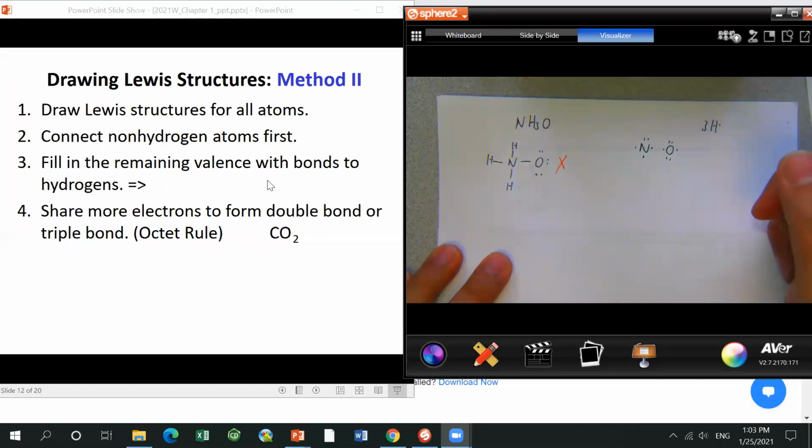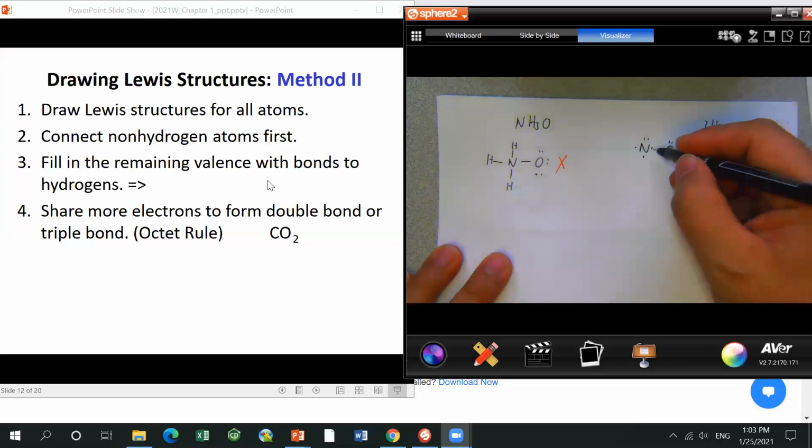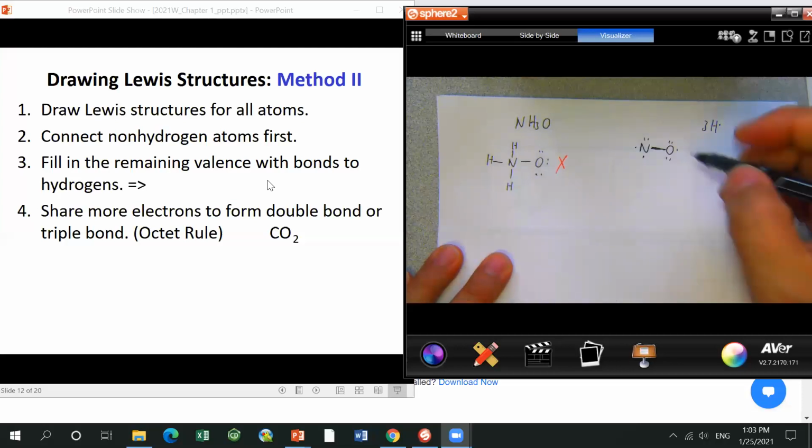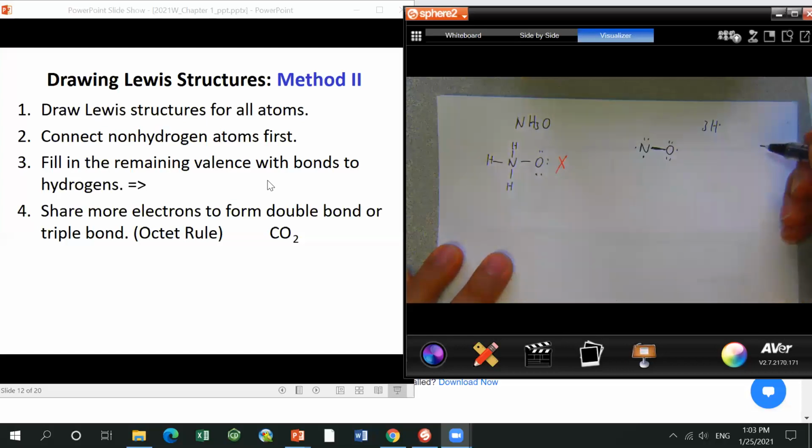Step 2, connect the non-hydrogen atoms, so connect nitrogen and oxygen. We build up a bond: nitrogen contributes 1 electron, oxygen contributes 1 electron. Then step 3, fill the remaining valence electrons with the hydrogens. Lone pair electrons you don't need to fill because they are already filled with electrons.